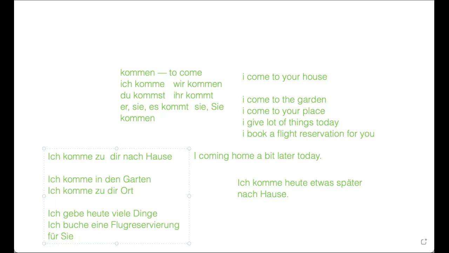So here we use den. This is an article. A single person is going to one place. This is basically subject plus place.